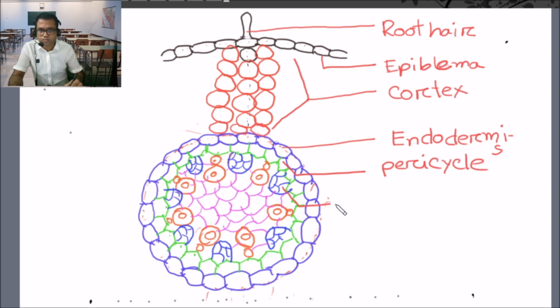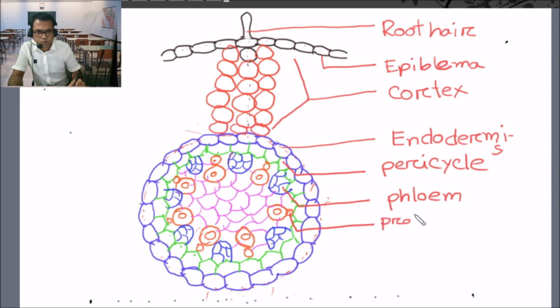This dome shaped portion is known as phloem. This outer small xylem is known as protoxylem. And the bigger one is known as metaxylem.